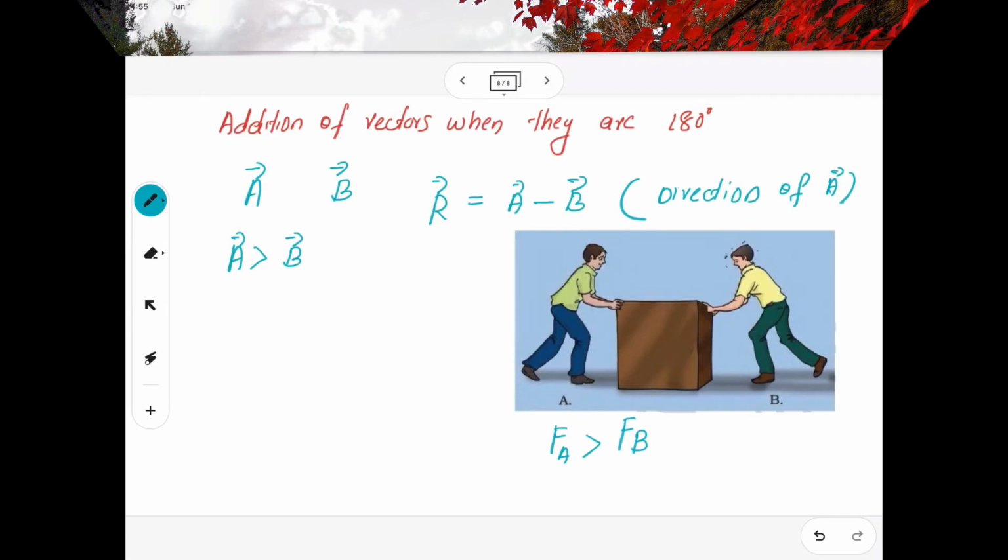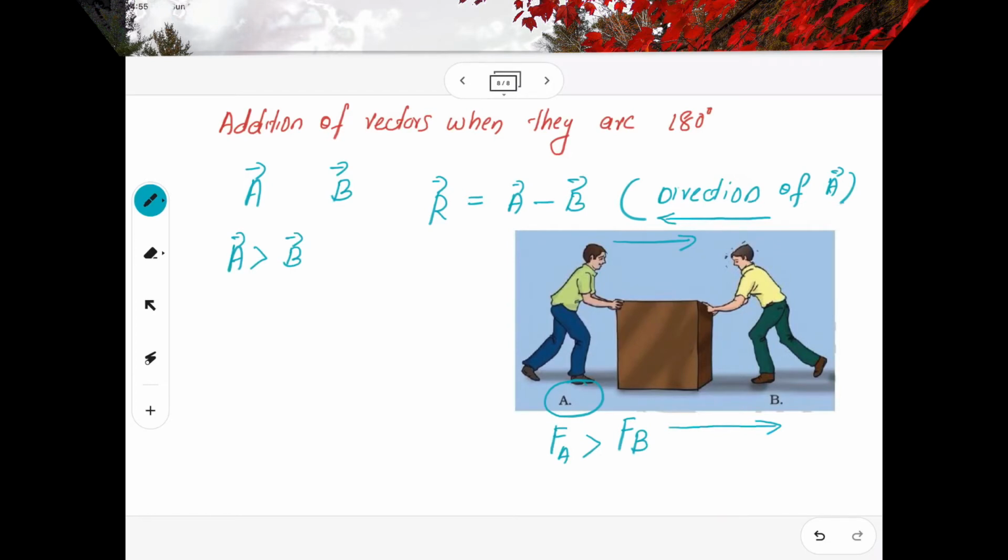So when both of them are pushing each other, what will happen? The box will be moving in the direction in which the greater force is applied. Here you can see that the force due to the first boy is higher, so definitely the box will be moving towards the right side since FA is greater than FB.